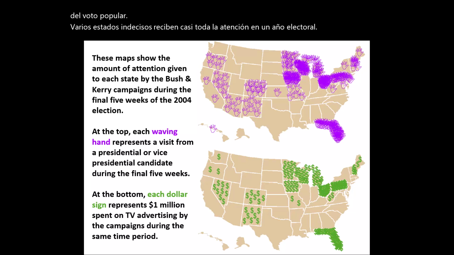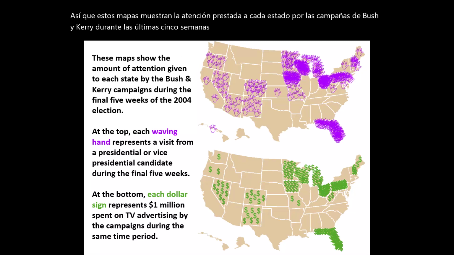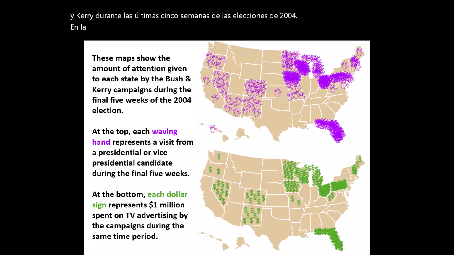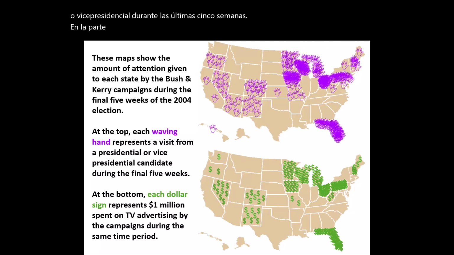So these maps show the attention given to each state by the Bush and Kerry campaigns during the final 5 weeks of the 2004 election. At the top, each waving hand represents a visit from a presidential or vice presidential candidate during the final 5 weeks. At the bottom, each dollar sign represents $1 million spent on TV advertising by the campaigns during the same period.